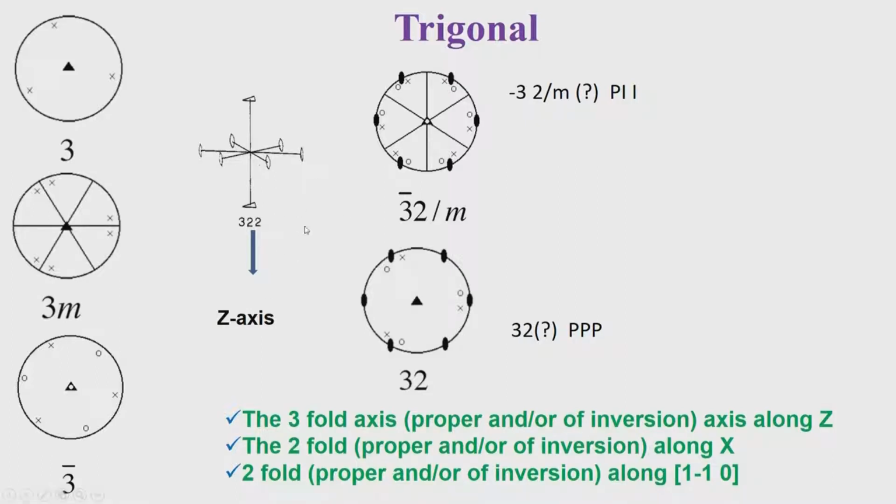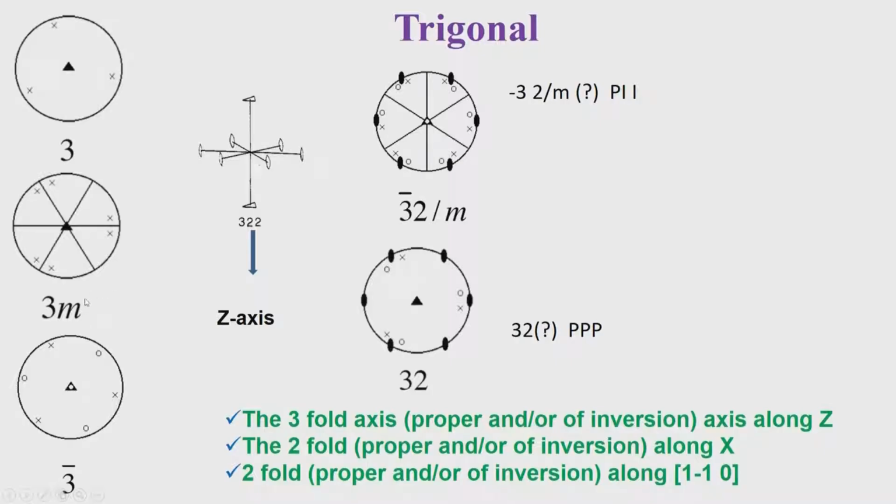So, here is an example where we see that there is a stand-alone 3, stand-alone 3 bar, and then we have here 3m. Essentially it means that it is a proper and an improper combination.